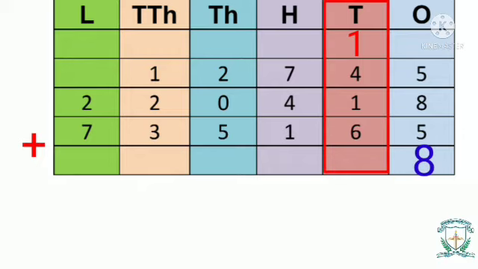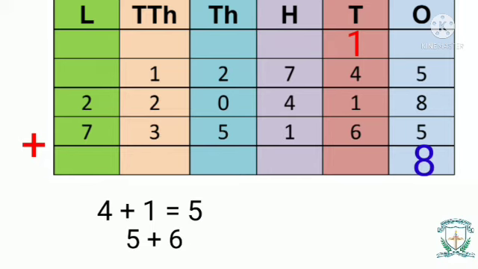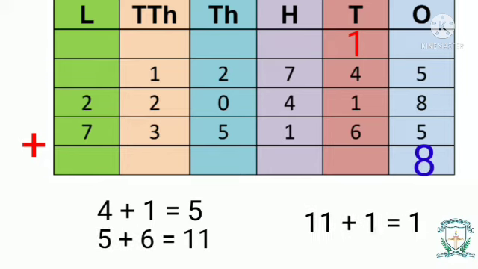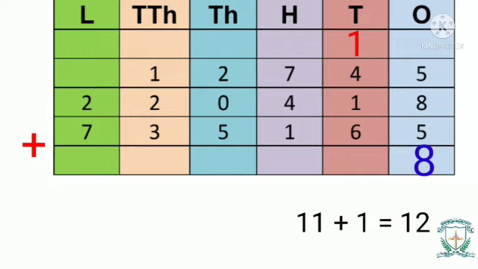Now, add the digits in tens place. That is, 4 plus 1 is equal to 5. 5 plus 6 is equal to 11. 11 plus 1 is equal to 12. Write 2 in tens place and carry forward 1 to the hundreds place.